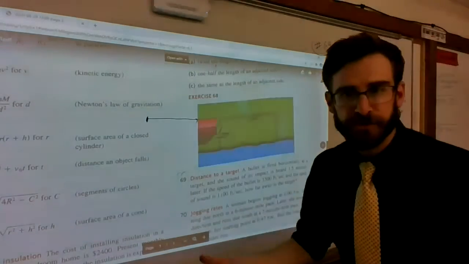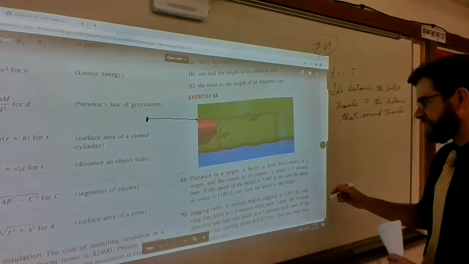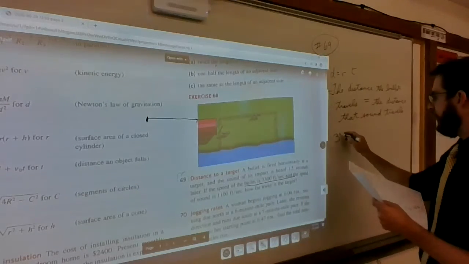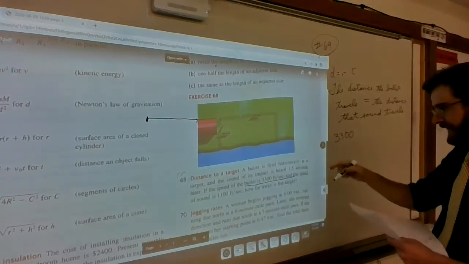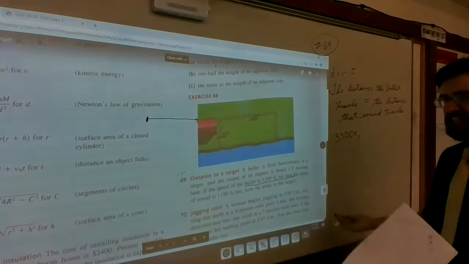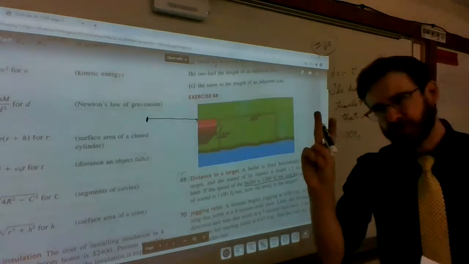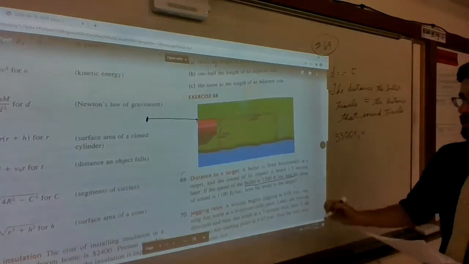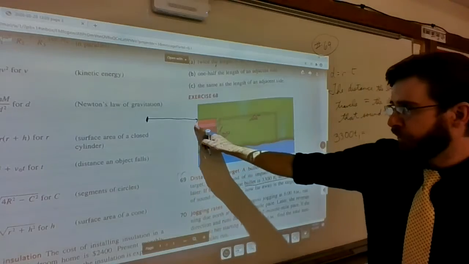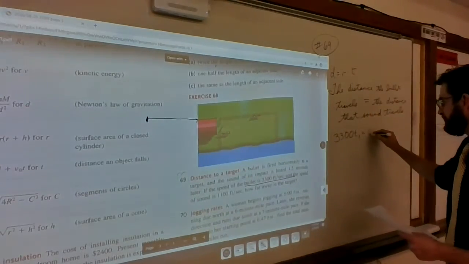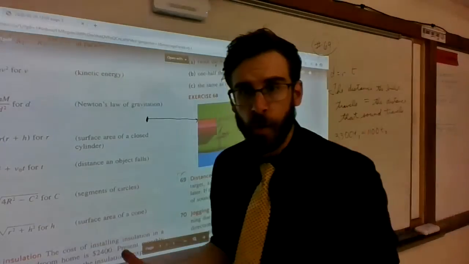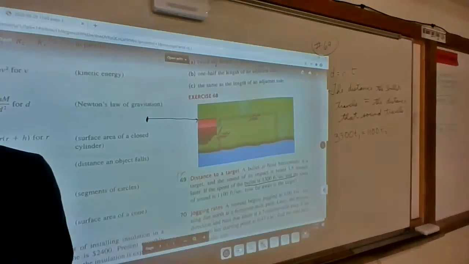So, distance equals rate times time. The distance that the bullet traveled is going to be 3,300 feet per second times our first t value. So we have 2 times at this point. That should equal the speed of sound times our second time value that we're not quite sure of just yet.